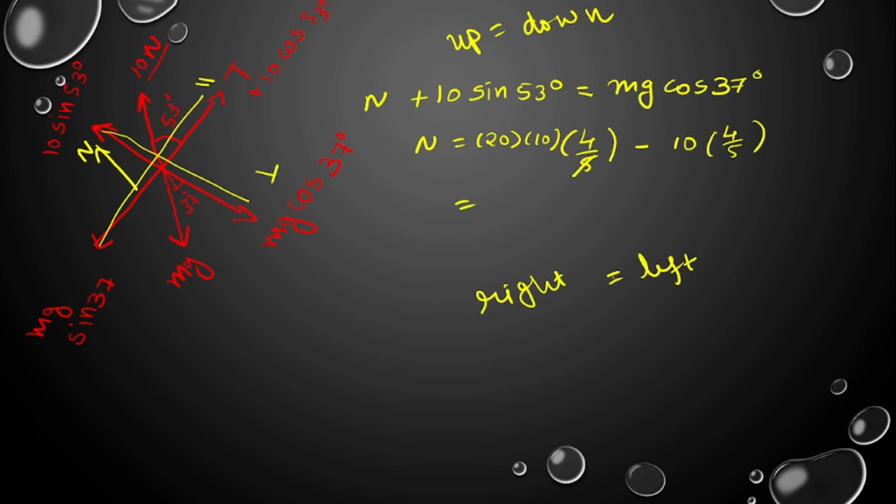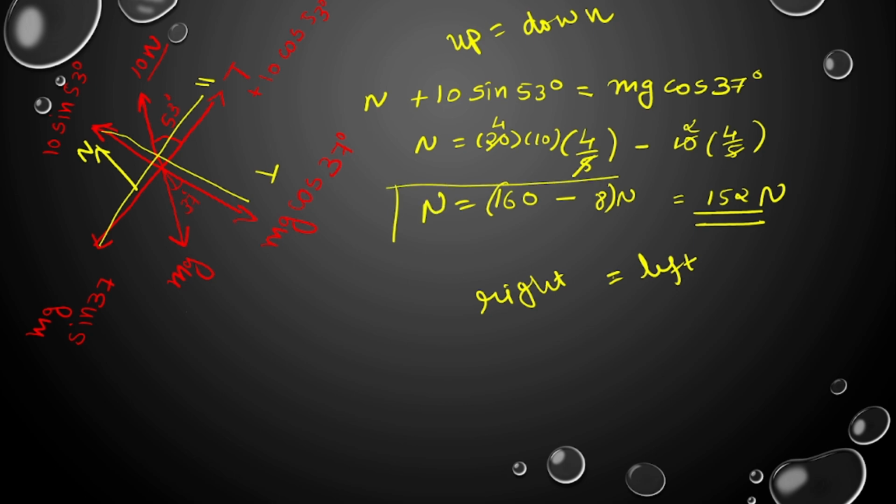So 5 4s are 20, 5 2s are 10, that gives 160 Newton minus 8 Newton. So our answer will be 152 Newtons. This is the answer for N, so normal will be 152 Newtons.